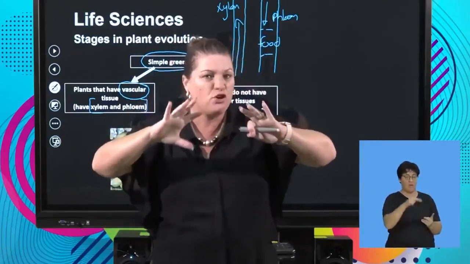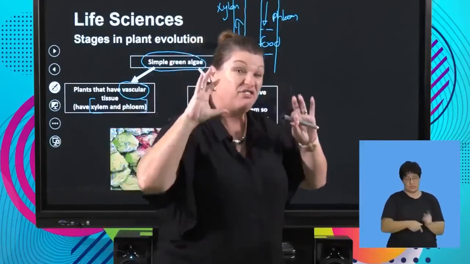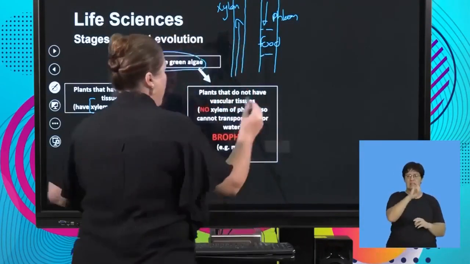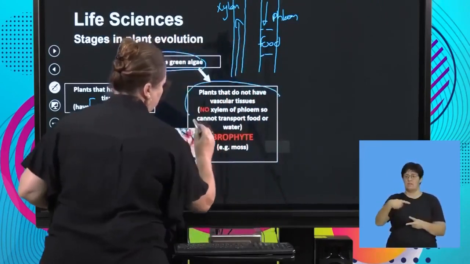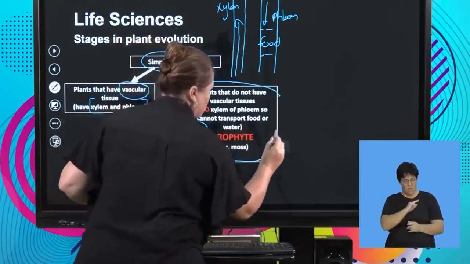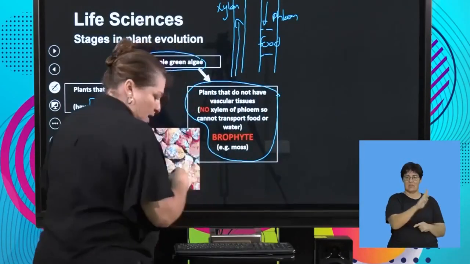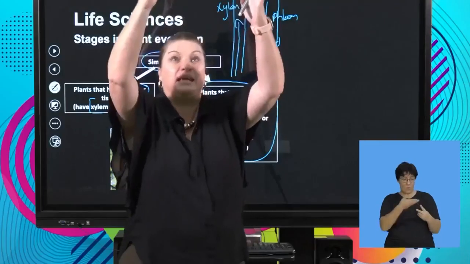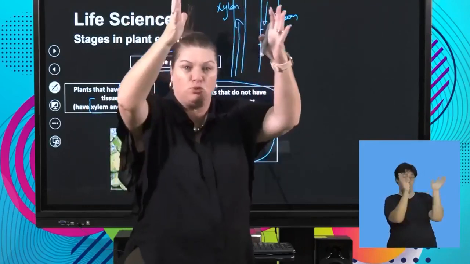So our first group of plants is very simple. They don't have any xylem or phloem. And this is the group that we start off with, the moss, the bryophytes. Because they don't have xylem and phloem, they can't get big, they can't transport water.